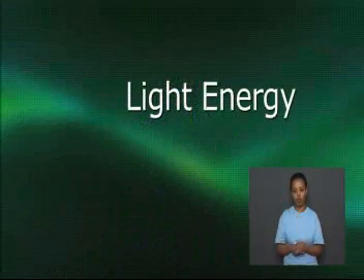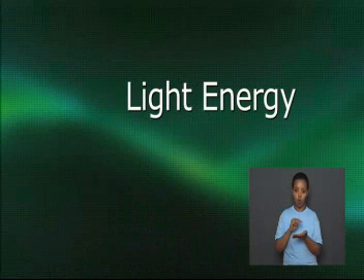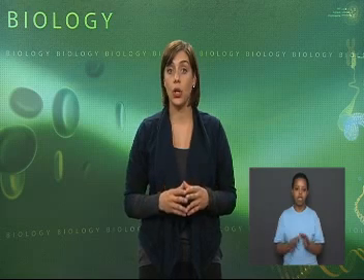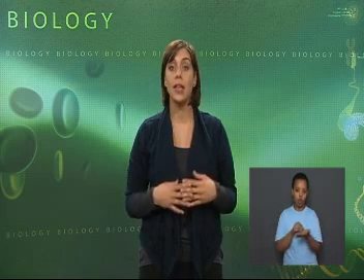Once pigment molecules absorb light energy, it is converted into chemical energy. The chemical energy is transferred and used to produce glucose molecules that are vital to plant development.